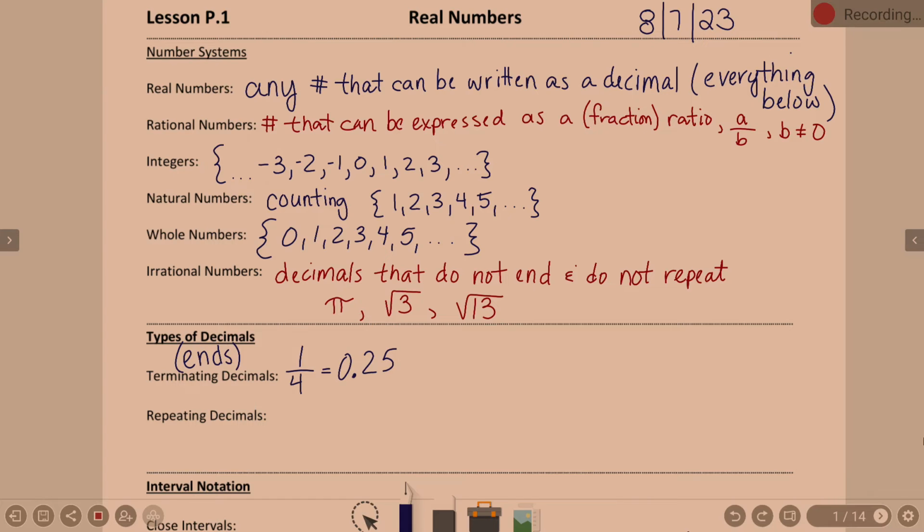If you do 1 divided by 3 on your calculator, you're going to have 0.33333333, right? Or in other words, 0.3 with a repeating bar. So denominators of thirds tend to repeat. Denominators of ninths tend to repeat. Denominators of 11 tend to repeat.